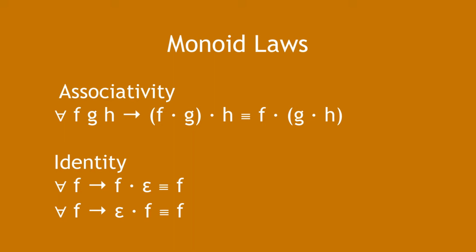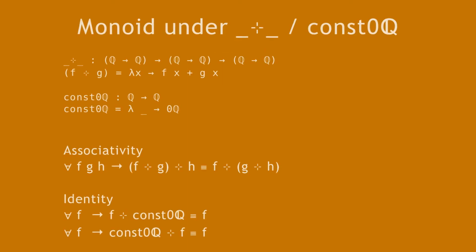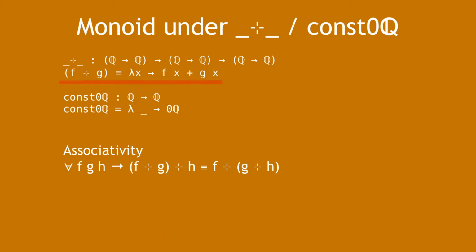In fact, affine functions are monoids in at least two ways. The first way that they are a monoid is under function addition and the constant function that returns 0. The addition of functions f and g is defined pointwise. That is, f function-addition g is a new function, which at point x has value f of x plus g of x.